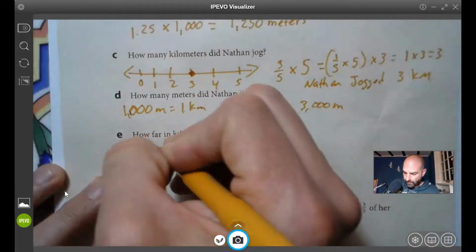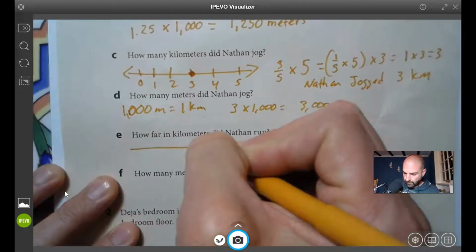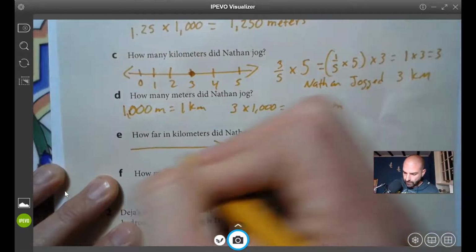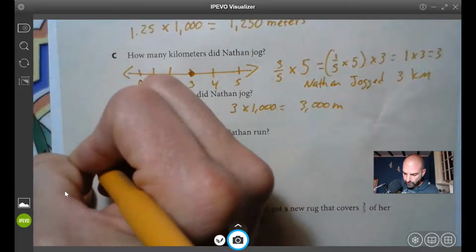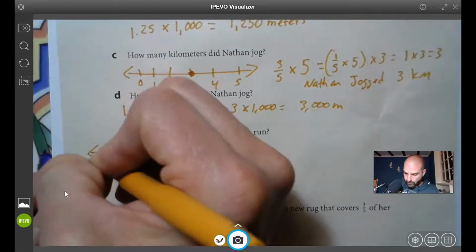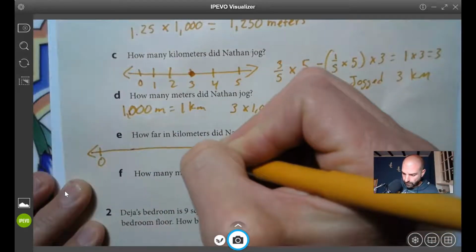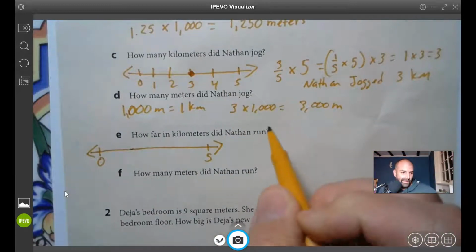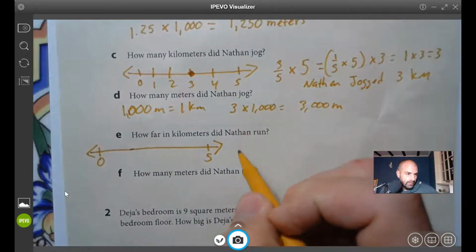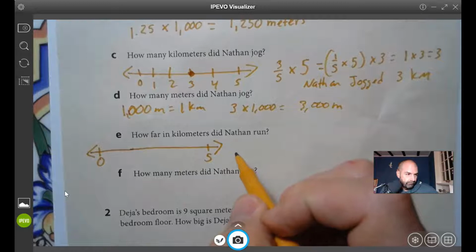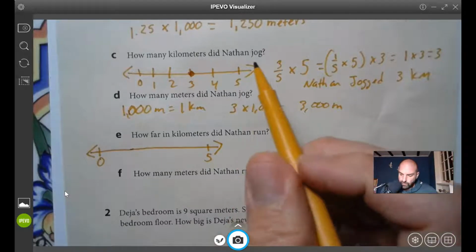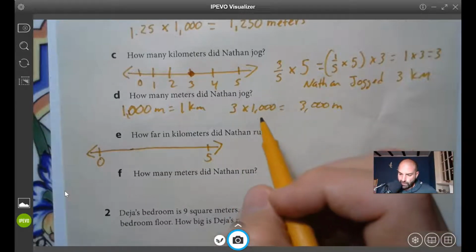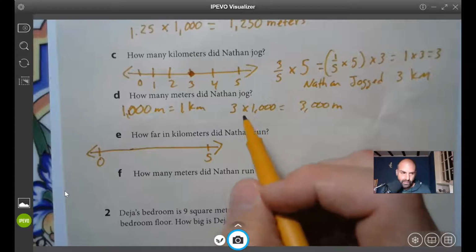So now we got 20ths. Now this one gets a little complicated to think about because here's 0, here's 5. How do we get it to 20ths? So we have to think about this.